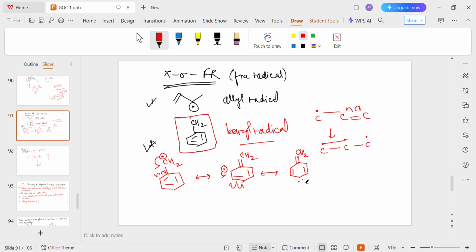Now this radical moves forward, this pi bond cleaves homolytically. This cleavage is just to show the delocalization of this free radical. You should not think an actual homolytic cleavage is happening here. It is just a way to show the delocalization happening throughout.